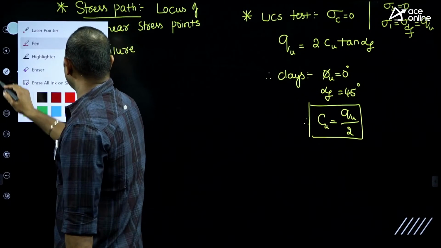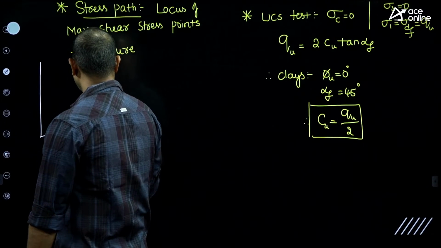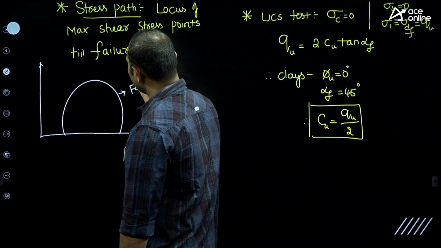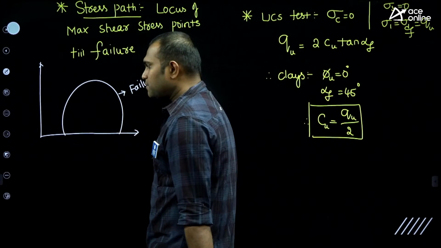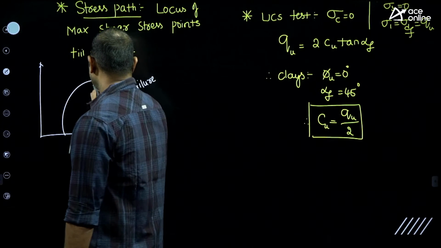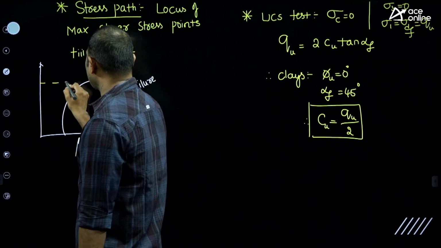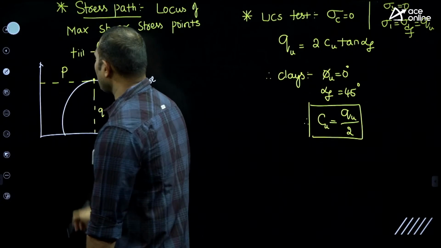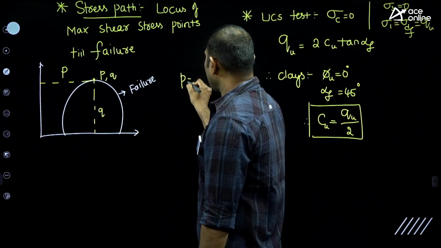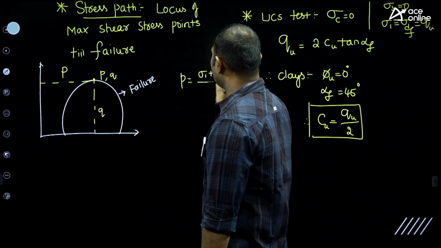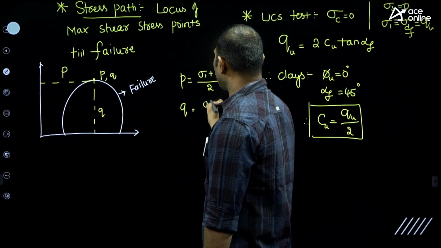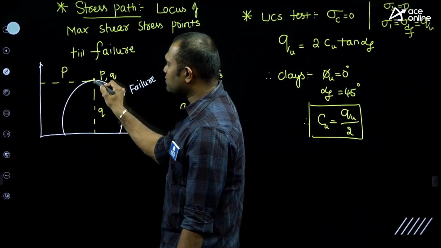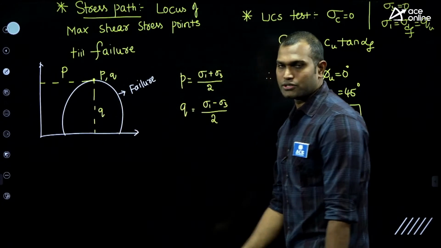Okay. Now if you take any Mohr circle, this is a failure Mohr circle. For this failure Mohr circle, you can see the maximum shear stress point. This is P comma Q, where P is the x ordinate and Q is the y ordinate. P is nothing but sigma 1 plus sigma 3 by 2, and Q is nothing but sigma 1 minus sigma 3 by 2, because P is the normal stress at maximum shear stress and Q is the maximum shear stress.